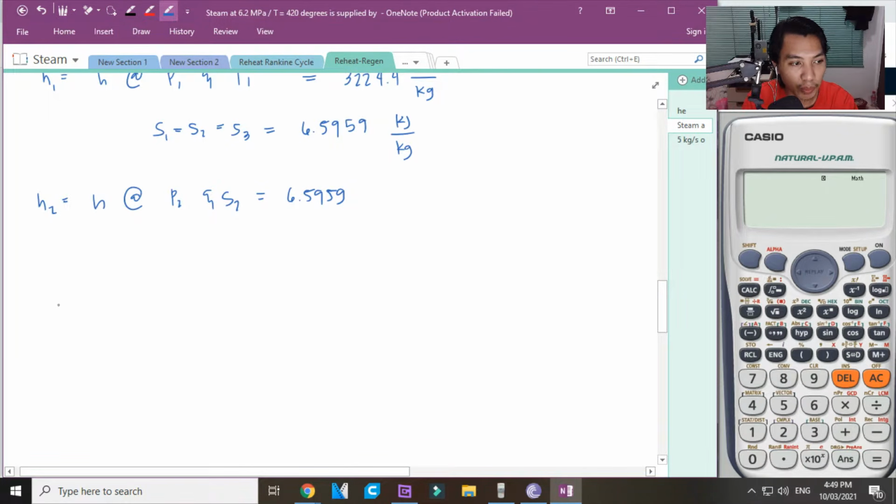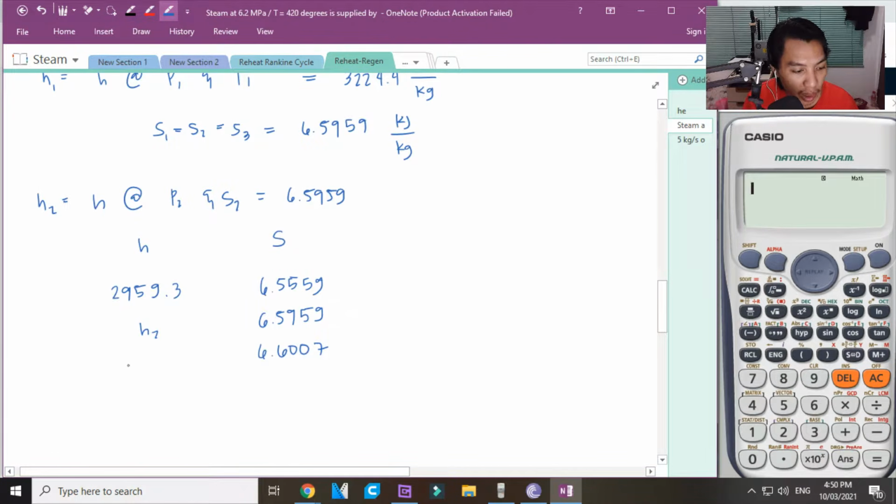So, for H2, you get the H and then S. What is S? Nasa gitna: 6.5959. Tapos, ano yung nasa gitna niyan? 6.5559. Tapos, 6.6007. Ano yung H na nandyan? 2959.3.